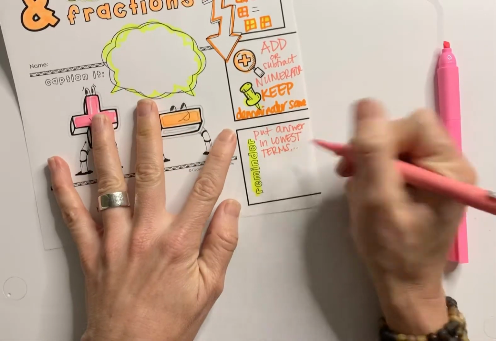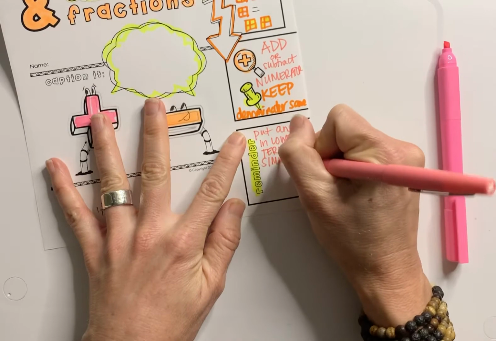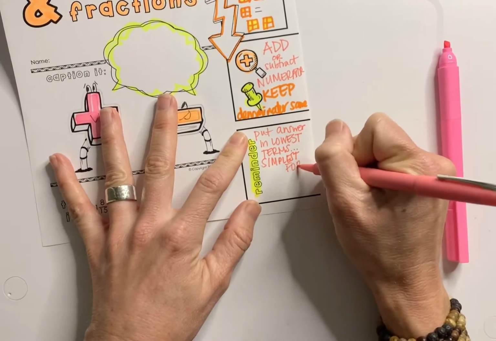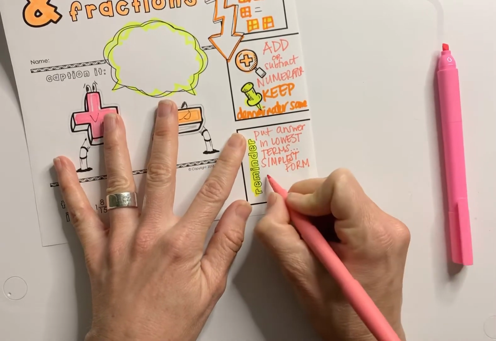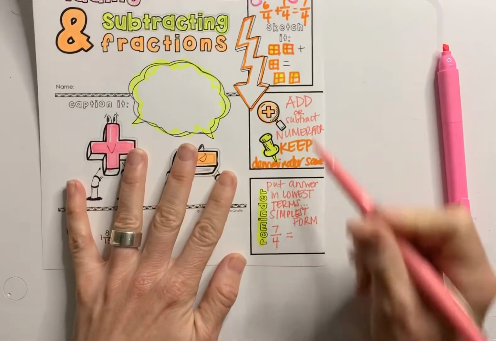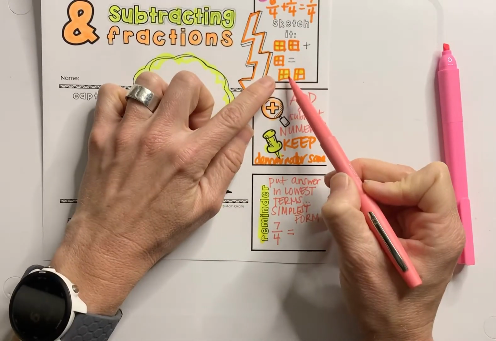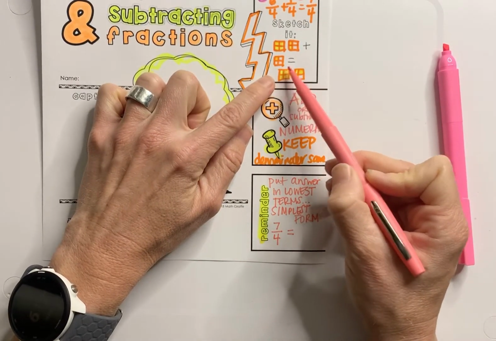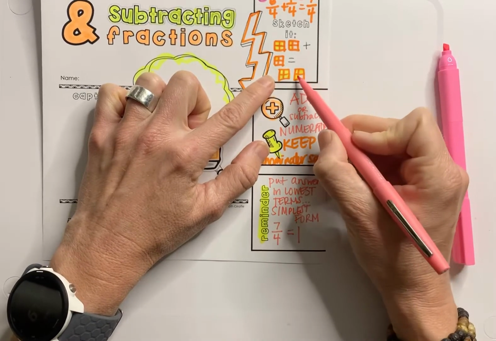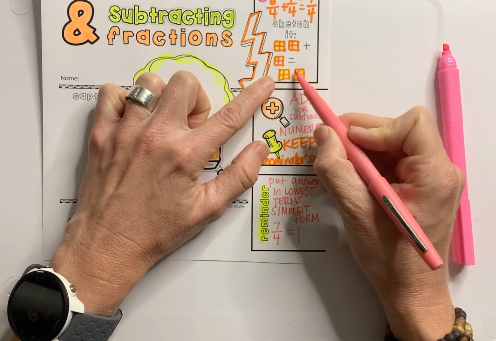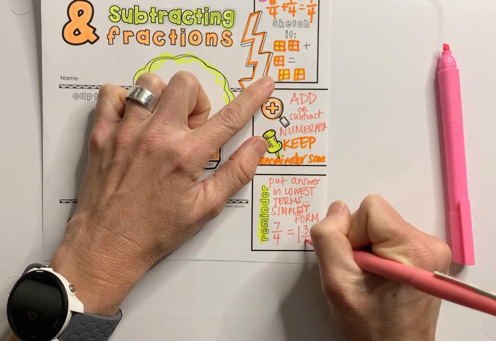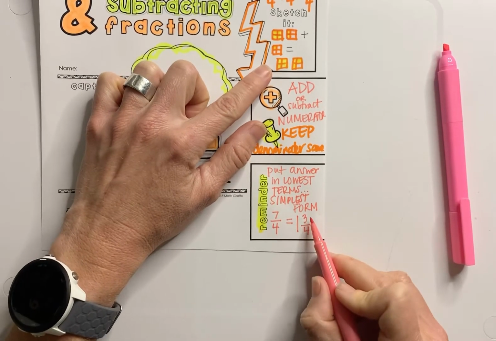So we can call that simplest form. Okay, so 7 fourths is going to be equal to, and now let's look at our visual. I have 1 whole square that's totally colored in. Okay, so that's my 1 whole. And now I have 1, 2, 3 out of the 4 colored in. 3 out of the 4. So 1 and 3 fourths.